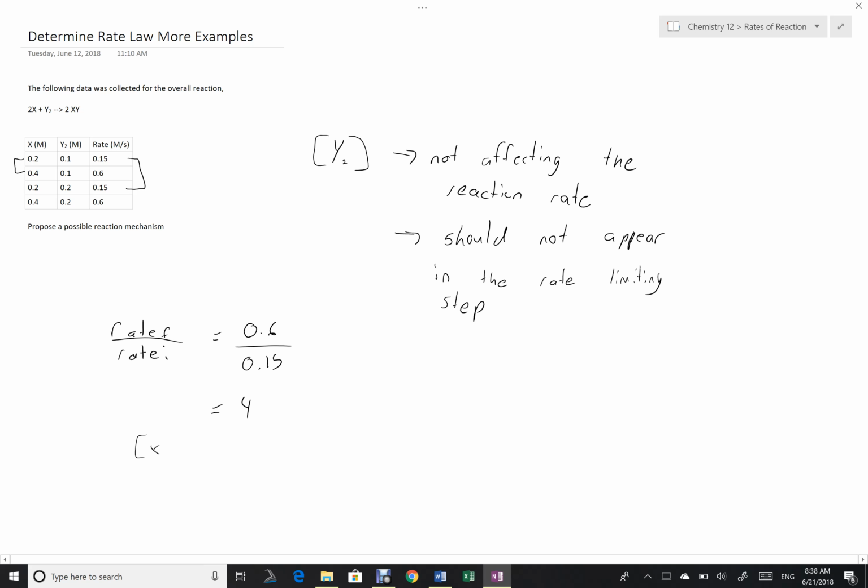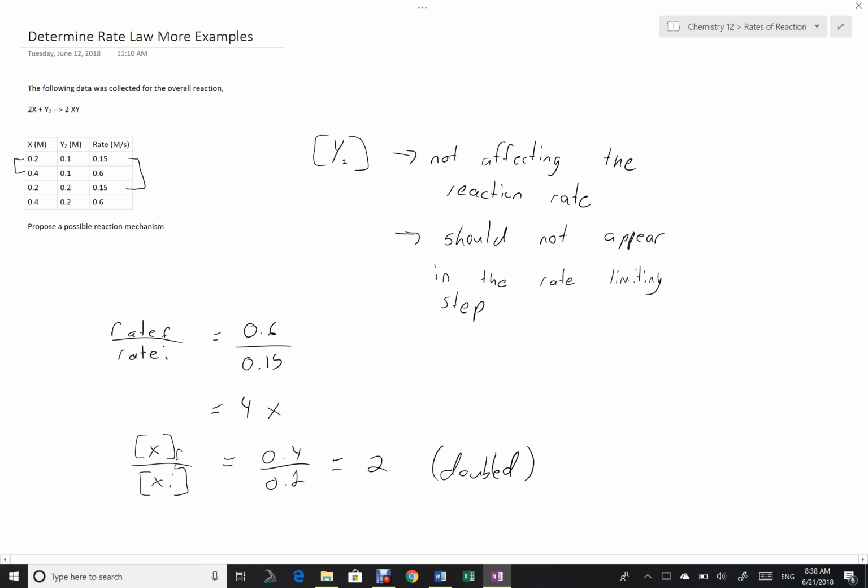The concentration of x final in comparison to the concentration of x initial is 0.4 divided by 0.2, or only a change of a factor of 2. So I doubled my concentration, and that led to my reaction rate getting quadrupled.